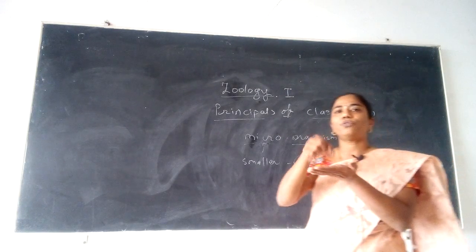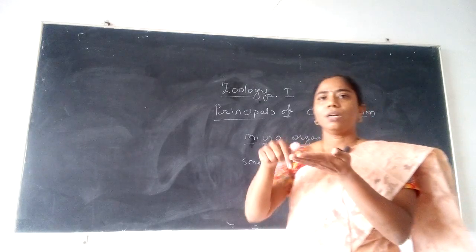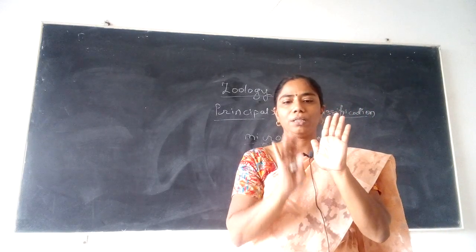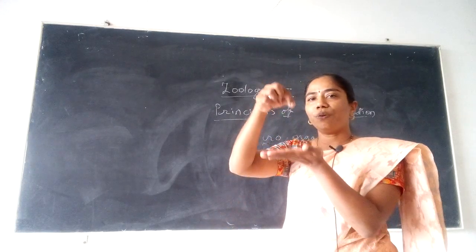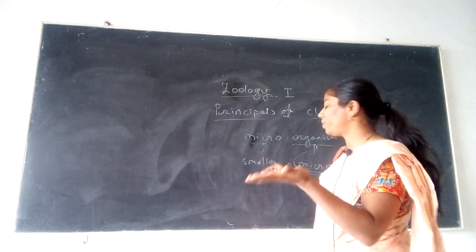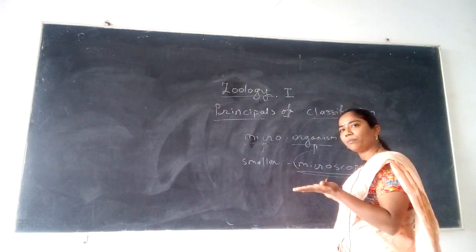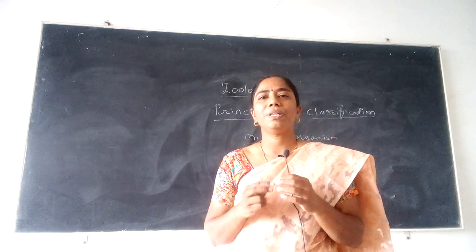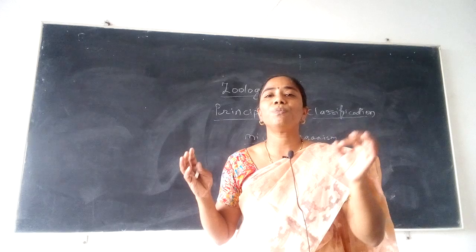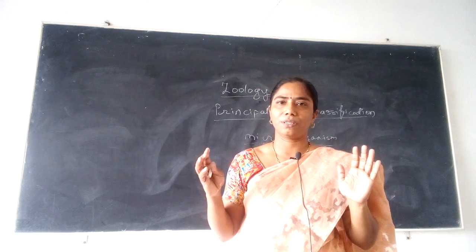If you take a drop of water on a slide, suppose this hand is the slide, and you observe that drop of water under the microscope, you are able to see many different types of small-sized organisms.